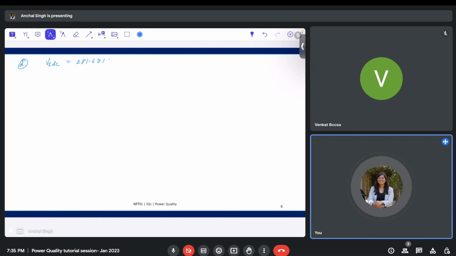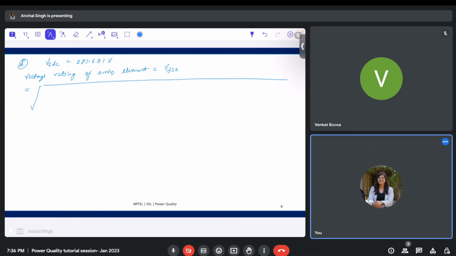So we know that the voltage rating of series element can be denoted as VFSE, and this VFSE is equal to square root of, we have to take RMS value in three cases. Why three cases? Because quasi square wave can be broken down into three cases. So this is first, second, and this will be third.